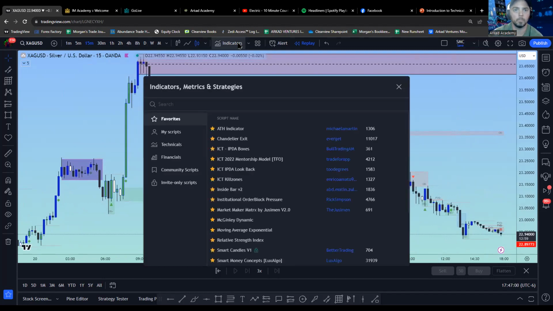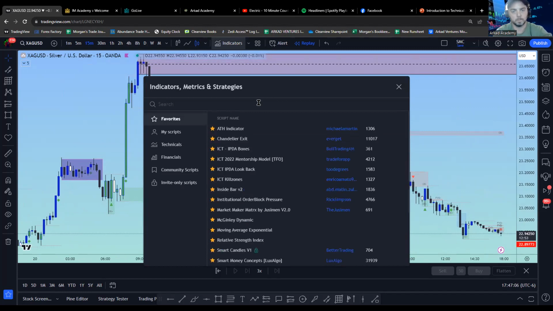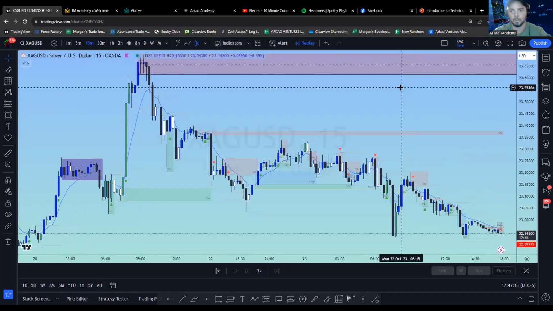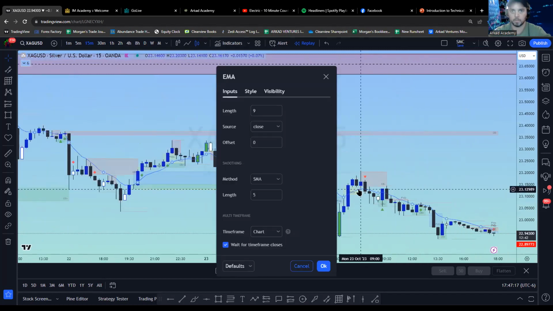So another thing traders can use is an exponential moving average, which is the average of, depending on the candle.